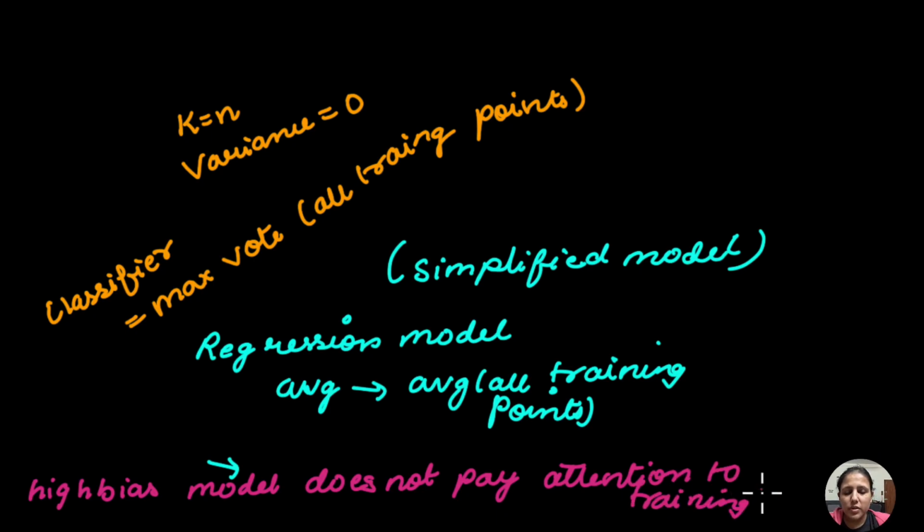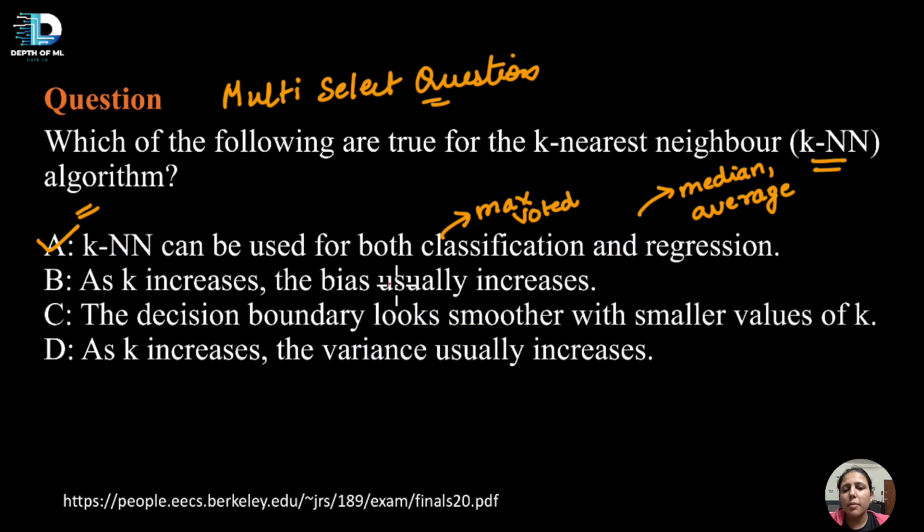This we had seen in the previous video. I will link that video in the description box. Okay, so coming back to the question, they're saying as K increases, the bias usually increases.